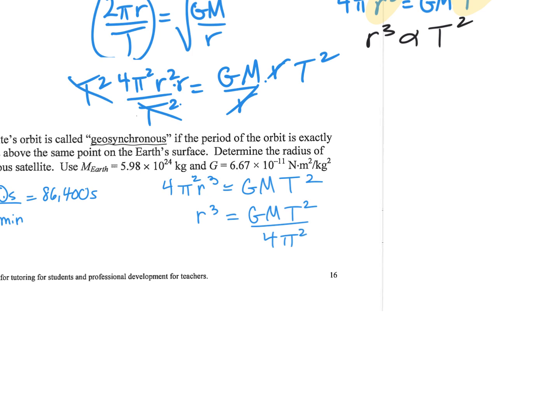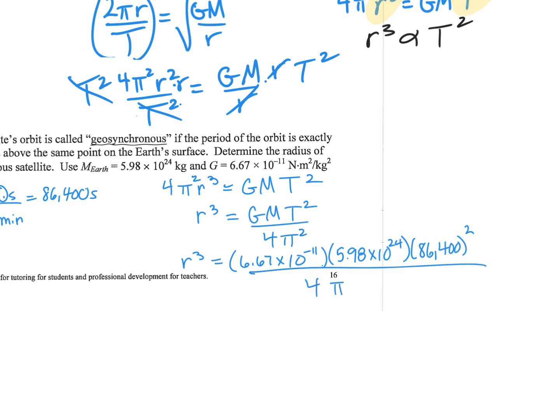So let's plug in 6.67 times 10 to the negative 11. M is the mass of the Earth, which is 5.98 times 10 to the 24th. Period we found was 86,400 seconds. That's going to be squared. We're going to divide that by 4 pi squared.